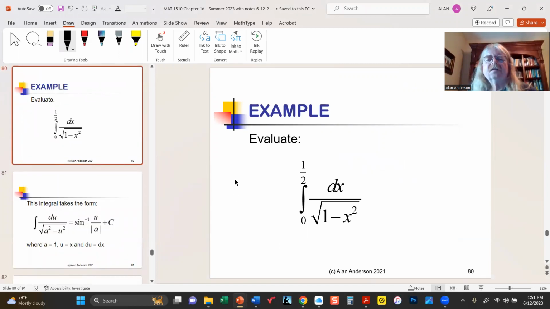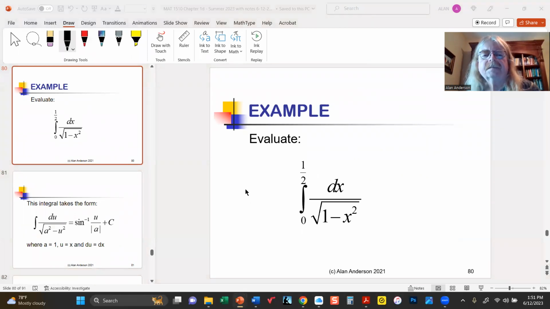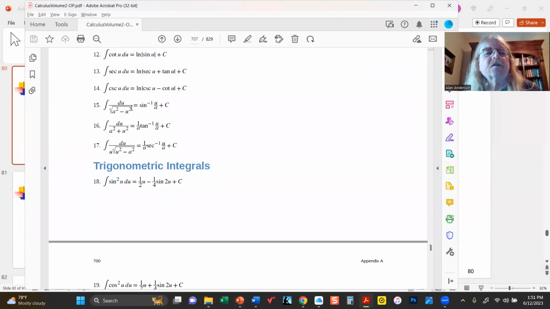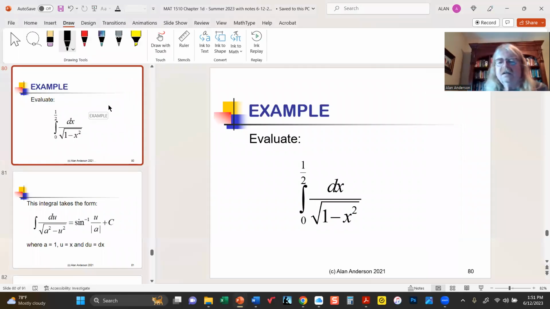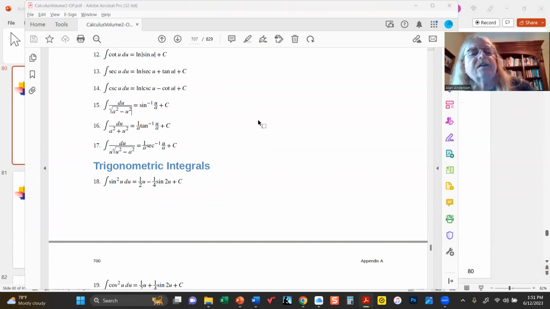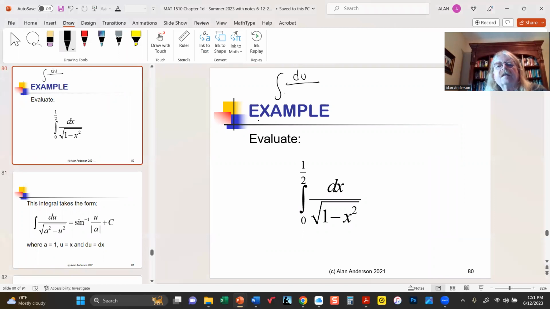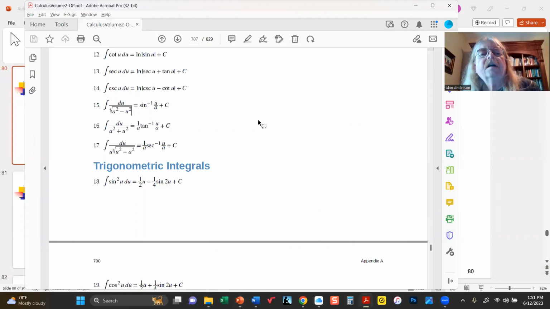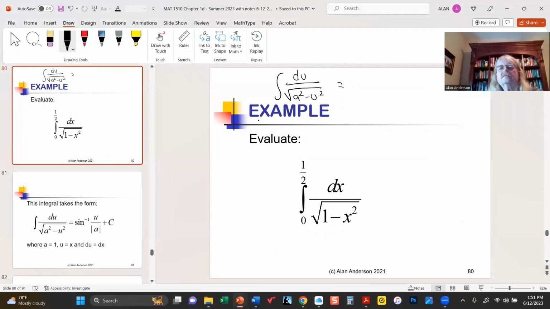Now, if you look at the list, it looks like it's this first one because one is a constant. According to the book, if you have du over the radical of a squared minus u squared, you're going to wind up with the arcsine of u over a, plus c, of course, if it's an indefinite integral.